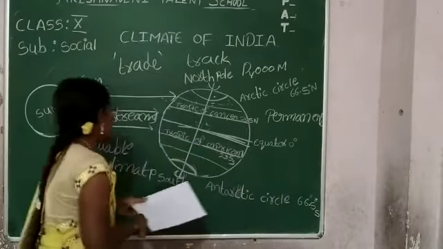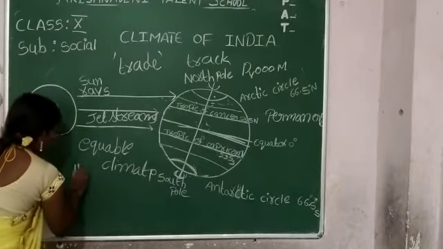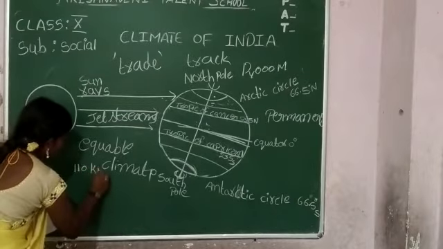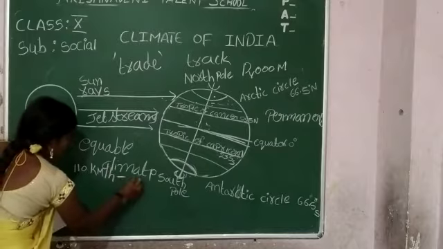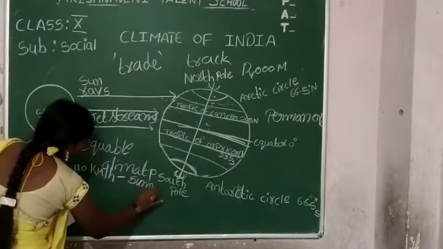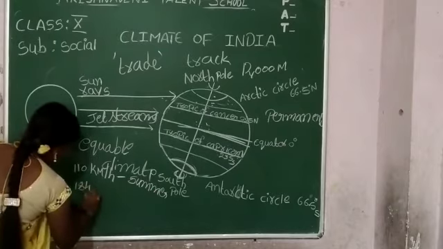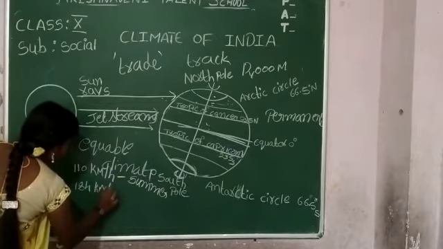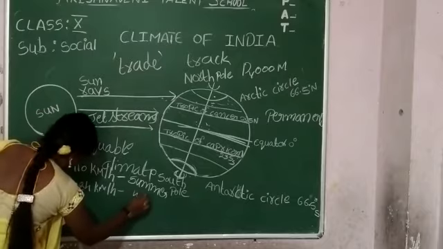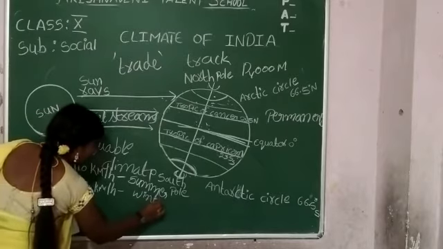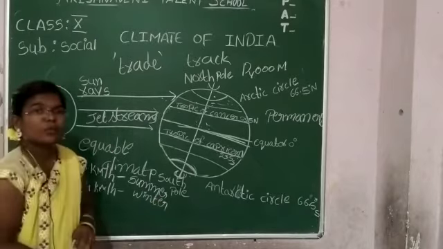There is a variation. See, 110 kilometers per hour in summer and 184 kilometers per hour in winter. Clear everyone?